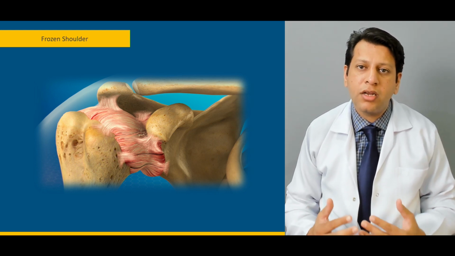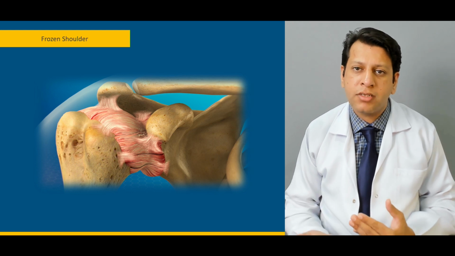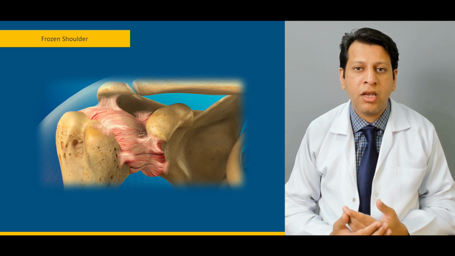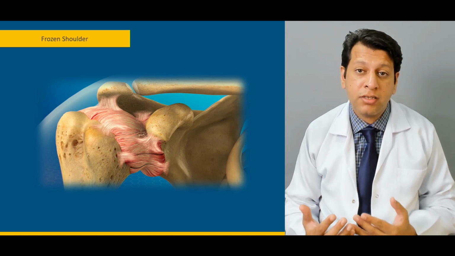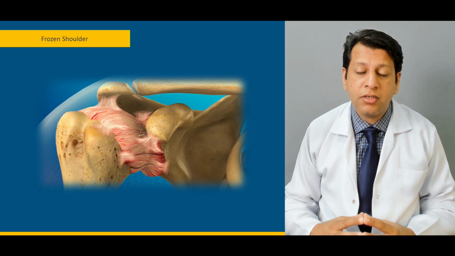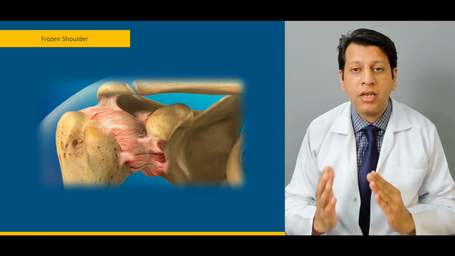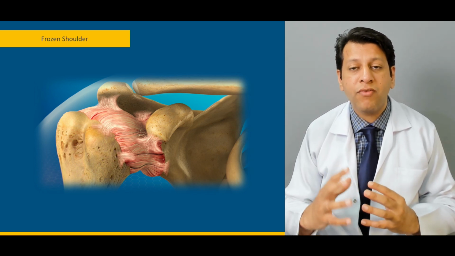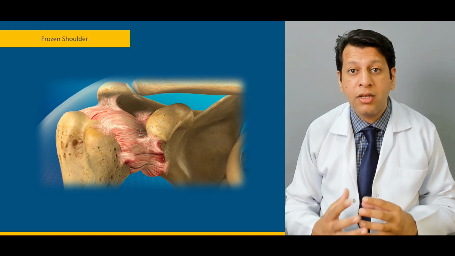So there are stabilizers in the form of static stabilizers, which are ligaments and the capsule, and then dynamic stabilizers in the form of muscles. There's a labrum which attaches to the glenoid and gives extra depth to it.